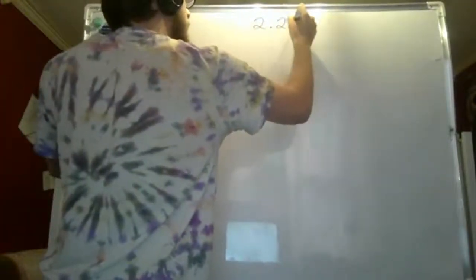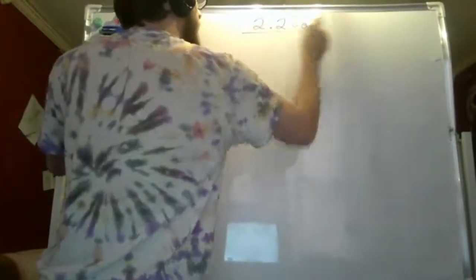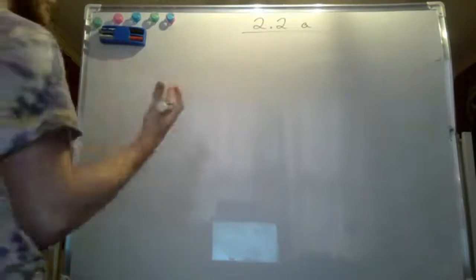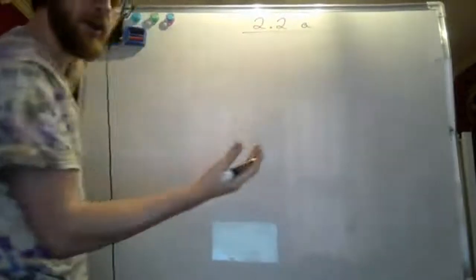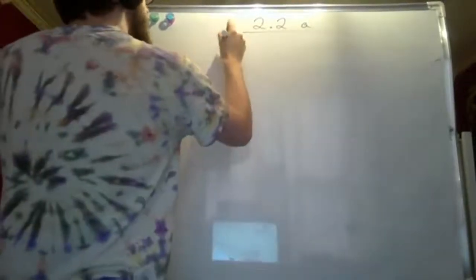So now for today's portion of the lesson, we want to look at section 2.2a. And here, let's just refresh our memories on some vocabulary we've already covered in some previous lectures.